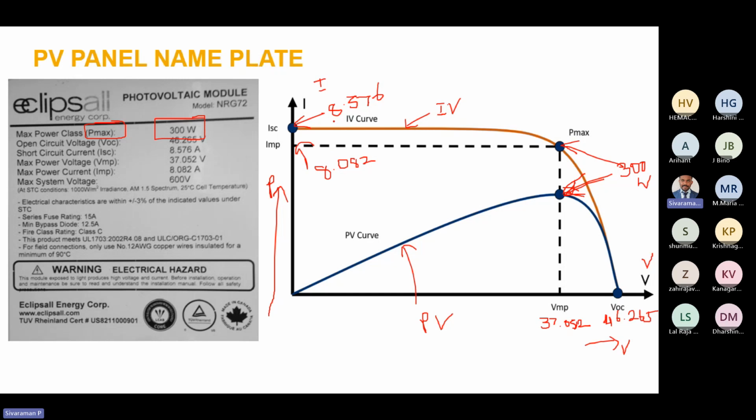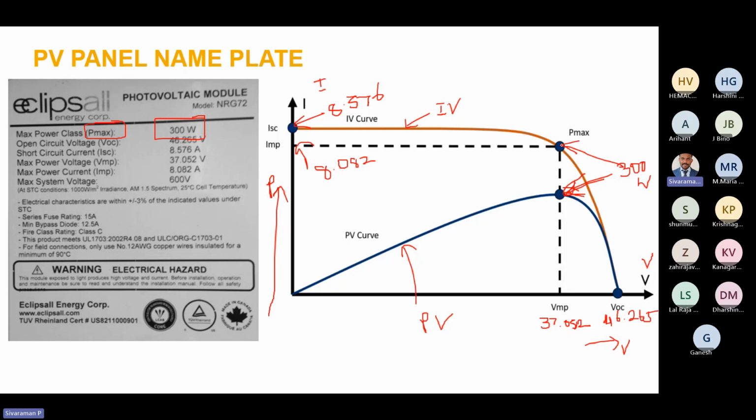You have to populate it like this. In the IV curve, the maximum point will occur at this point, which is called Pmax, or maximum power point.